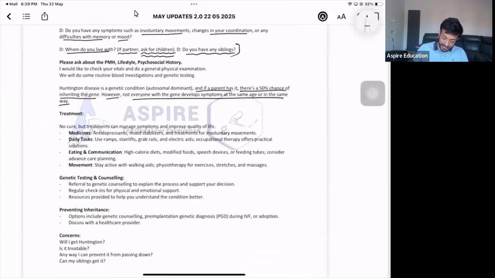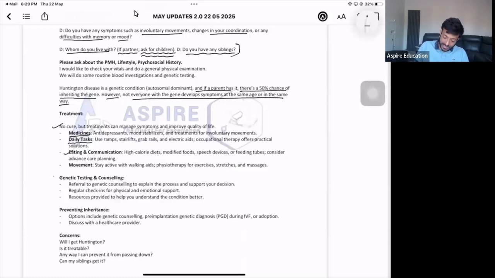So the thing is, first of all, there is no cure. If you have to have it, you will have it, right? So medications can be given, and we can arrange help for daily tasks as well. This patient can develop a problem with dysphagia, and we can give eating support and all.